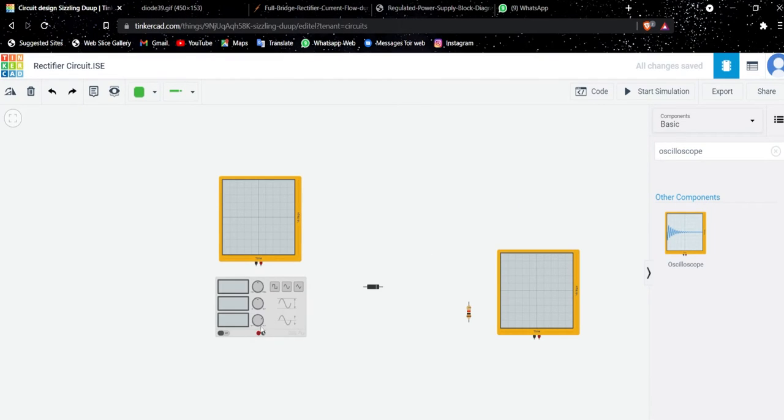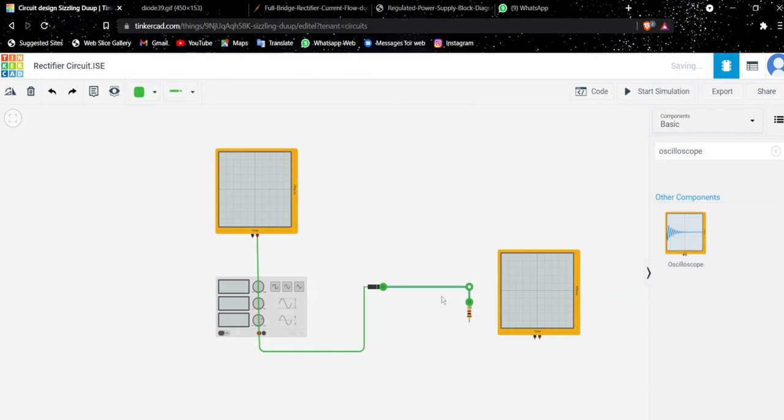So we will make connections, and the other terminal of the resistance will be connected to the negative of the waveform generator, or we can say the function generator. So these are the connections. This is the actual circuit for rectification, but we want to check the input and output waveforms.